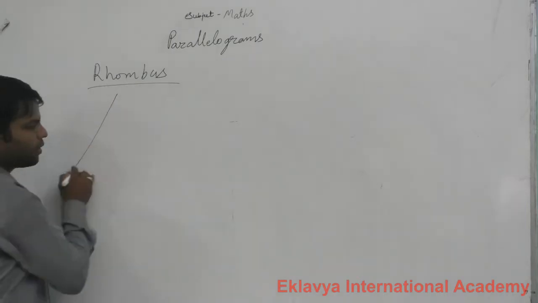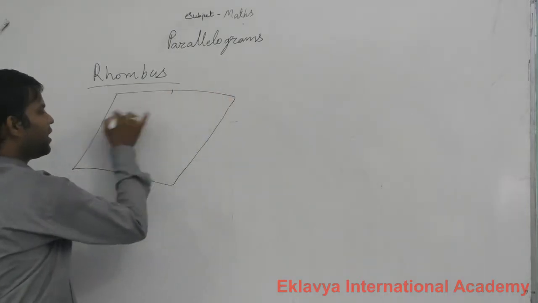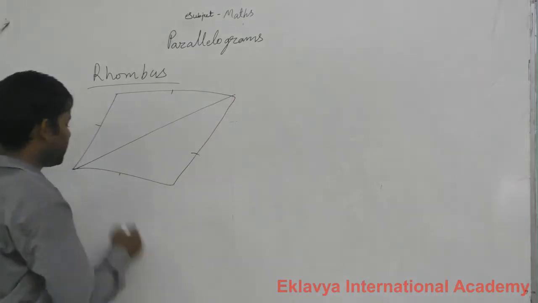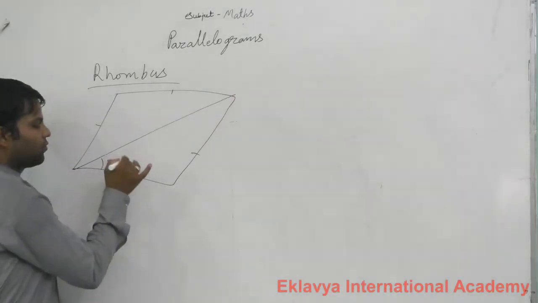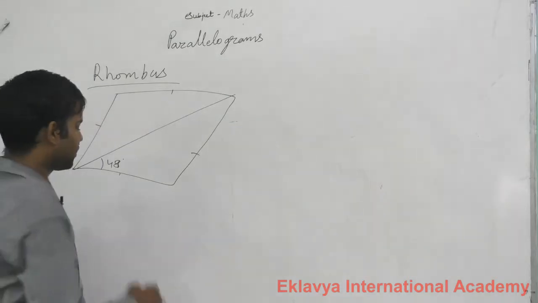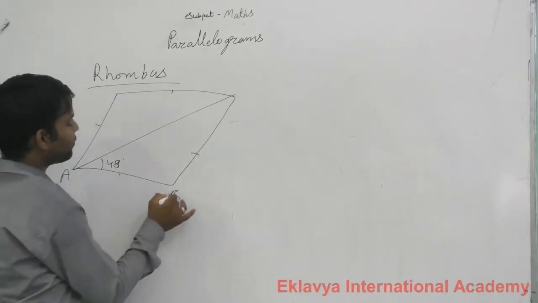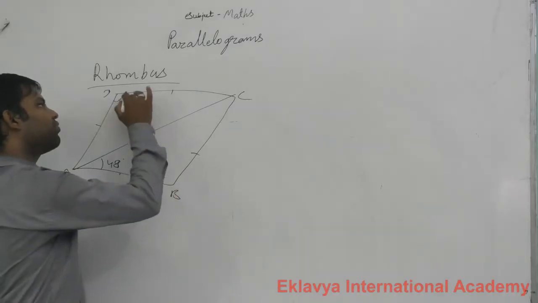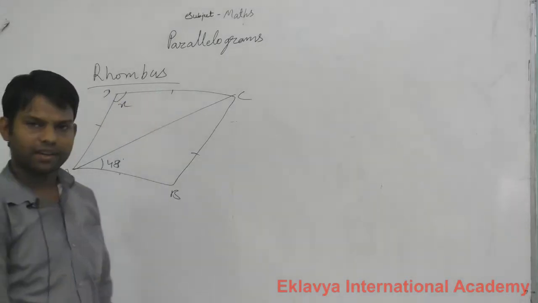So in the rhombus all sides are equal, and here a diagonal angle is given as 48 degrees. The rhombus is named ABCD. We want to find this one angle, angle X.